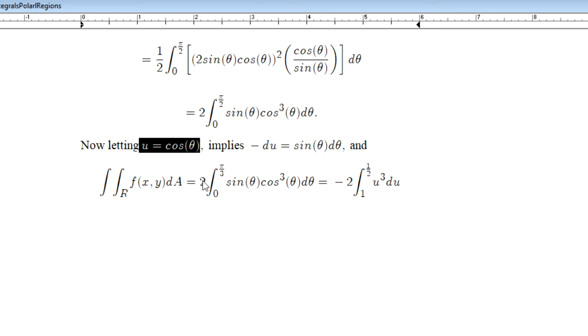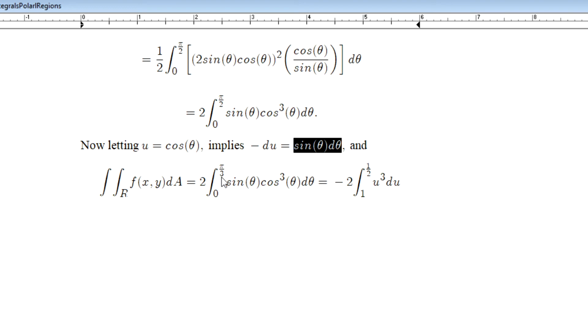Letting u equal the cosine theta does imply negative du would be equal to the sine theta d theta. Keep in mind the derivative of u with respect to theta for cosine theta is the opposite sine theta. So that produces this result, negative du is equal to the sine theta d theta.